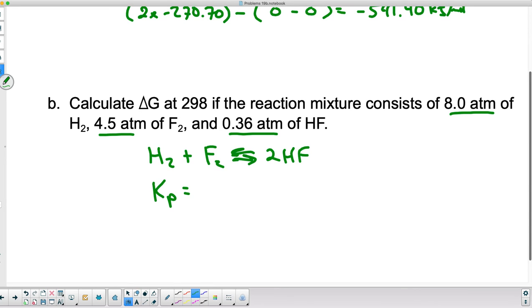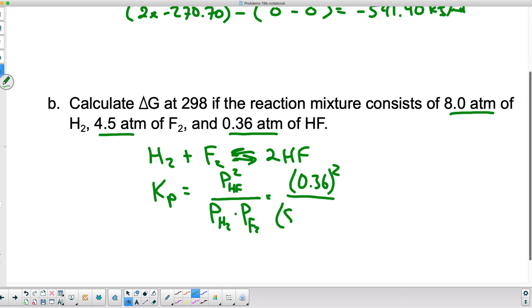We know that the Kp is the pressure of HF squared over the pressure of H2 times the pressure of F2. So I'm putting in 0.36, squaring that, divided by 8.0 and 4.5.